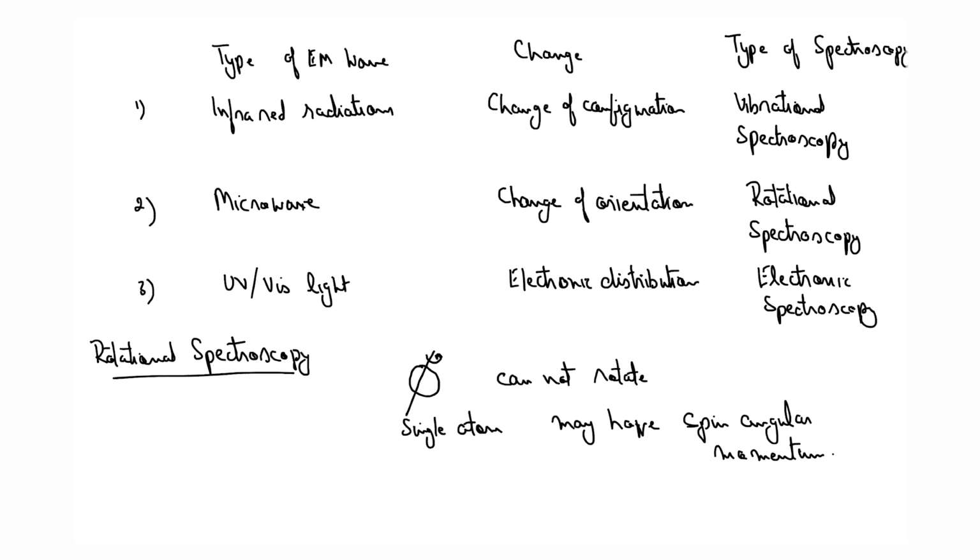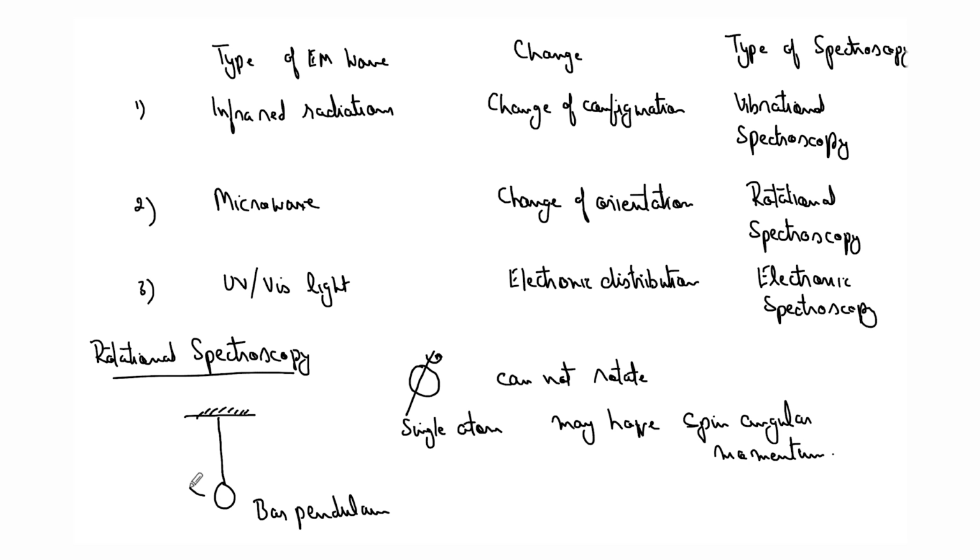So for rotation, you would need to tie this atom up with a thread. So this looks like a bar pendulum now, right? What you have done is you have suspended a ball of mass m with a thread onto a rigid support, right?